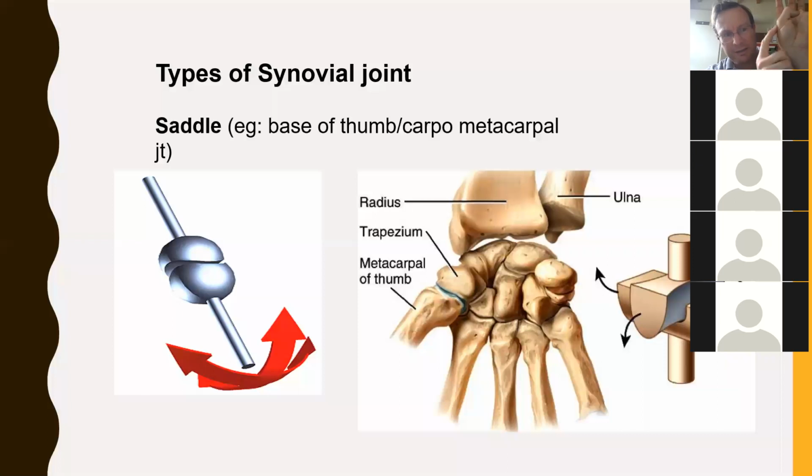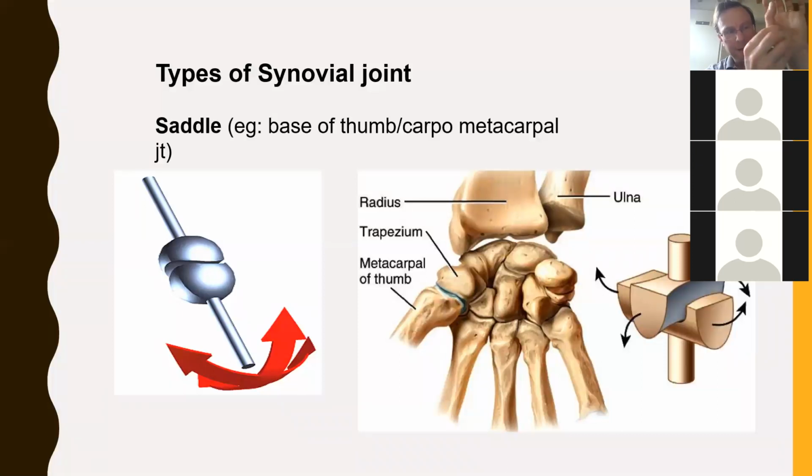I'm looking at this joint here, quite a lot that way, and then quite a lot as I wiggle it about. So I get a lot of motion in one direction, and then a lot of motion in another direction. So it's this joint here. Just have a little play with your own thumb.